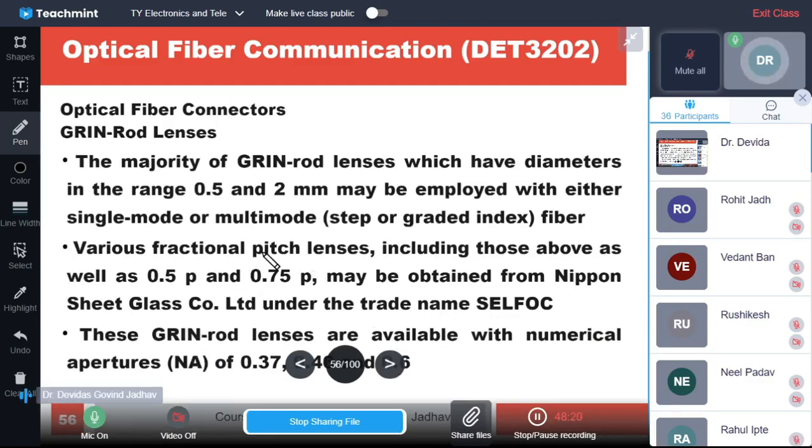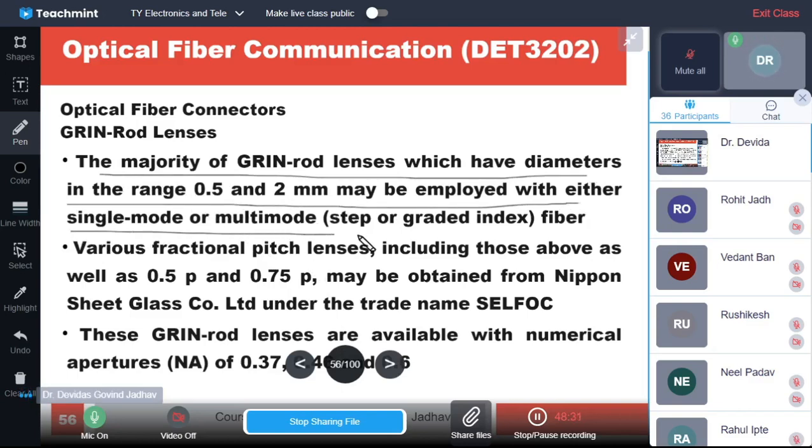Similar to these lenses, the majority of the graded index rod lenses, which have diameters in the range of 0.5 to 2 millimeter, may be employed with either single mode or multi-mode, step or graded index fiber. That means it can be employed with single mode fibers, multi-mode fibers, step index fiber, and graded index fiber.